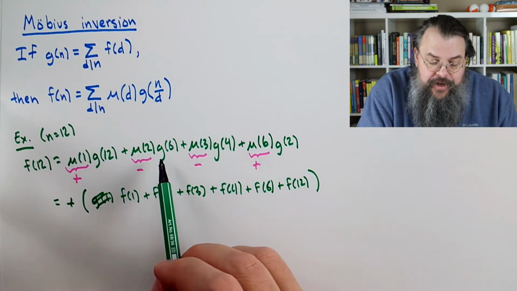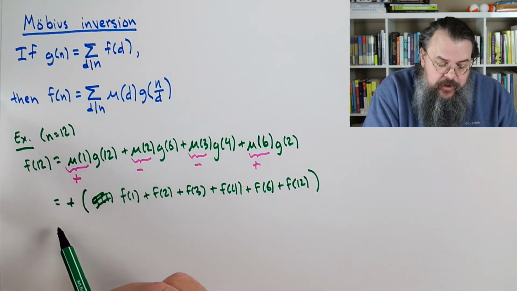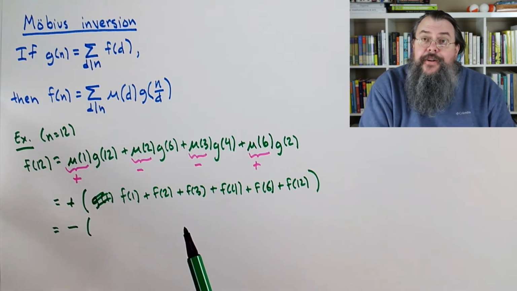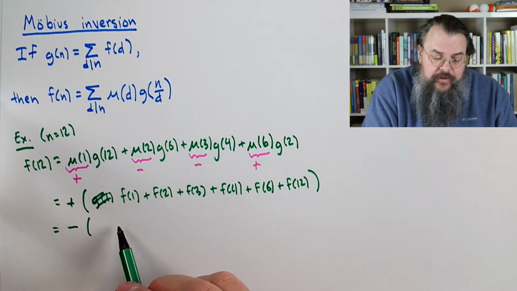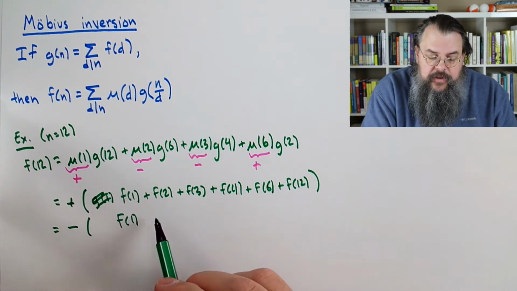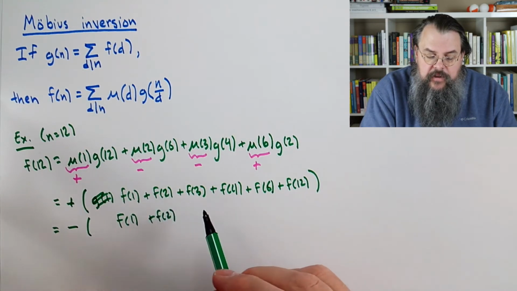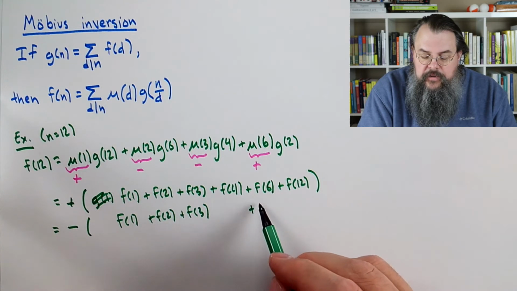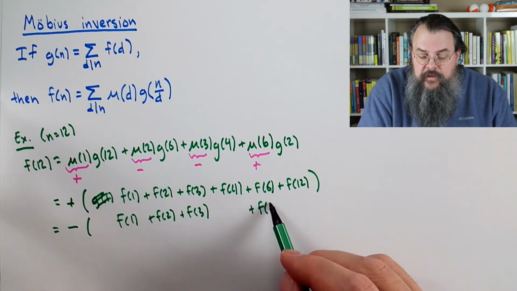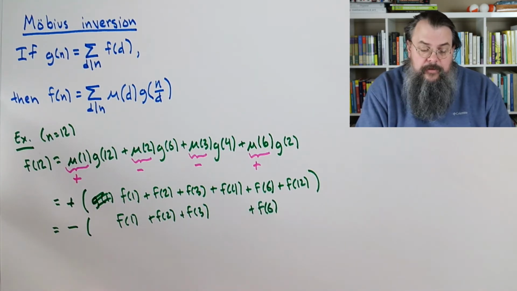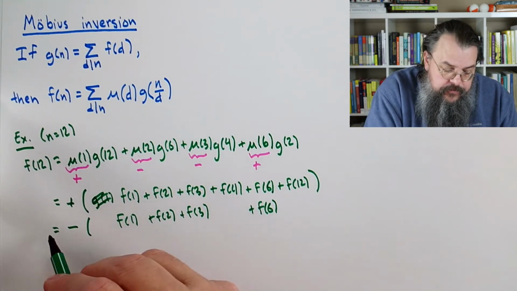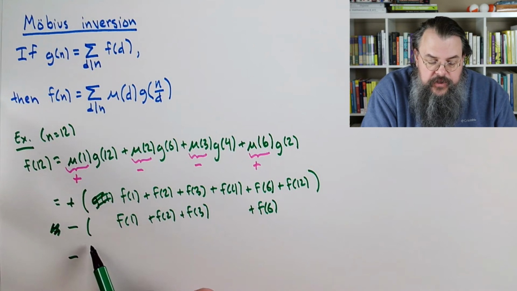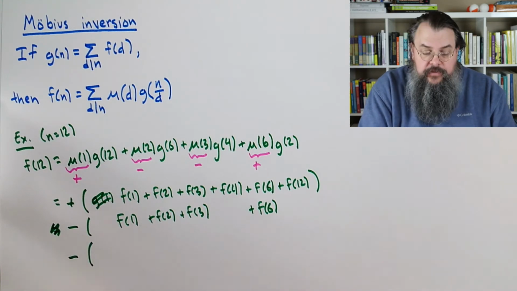All right, how about g of 6? Well, remember that's being subtracted. That's going to be all of the things which divide 6. So, for example, 1 divides 6, 2 divides 6, 3 divides 6, and, of course, no surprise, 6 divides into 6. Now, the next one, g of 4, everything that divides 4.